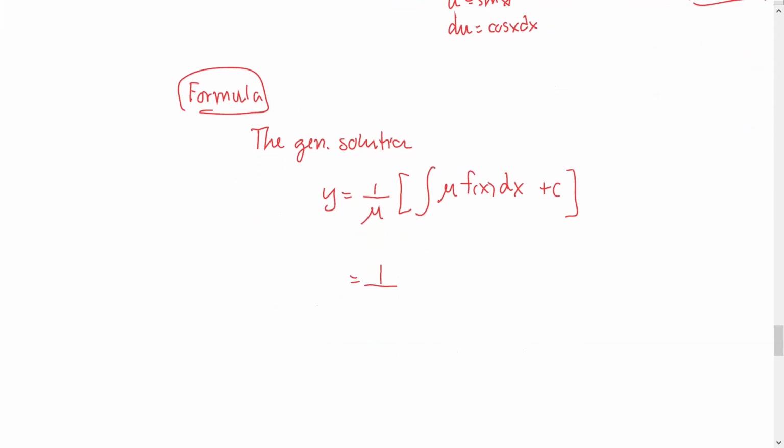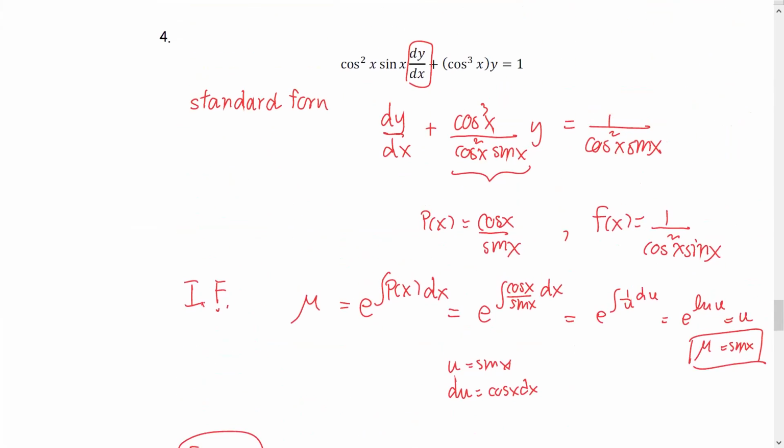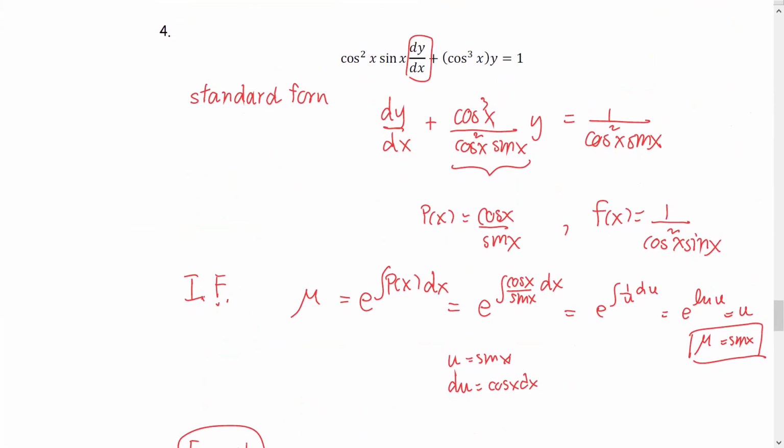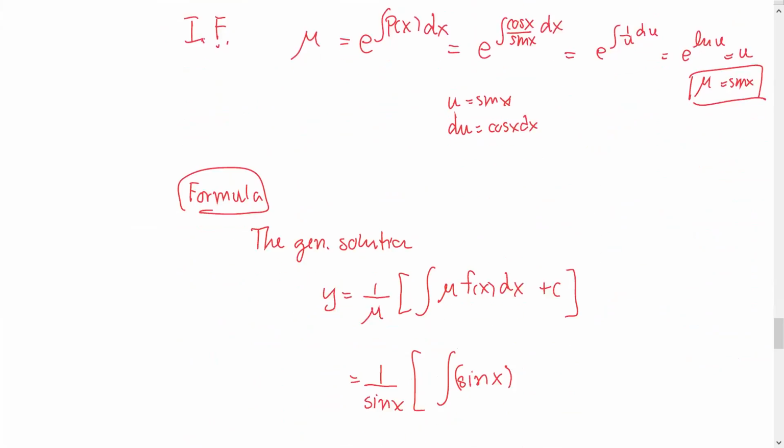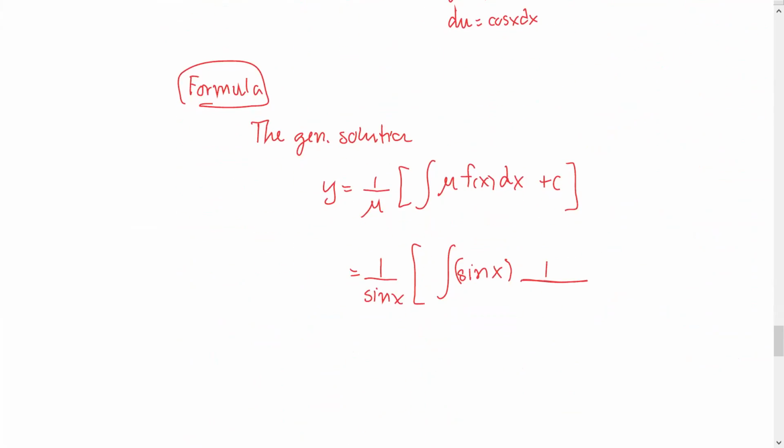The mu is sine x, so the integral of sine x times our f(x), which we identified at the beginning, 1 over cosine squared x sine x, with respect to x, and then plus c.